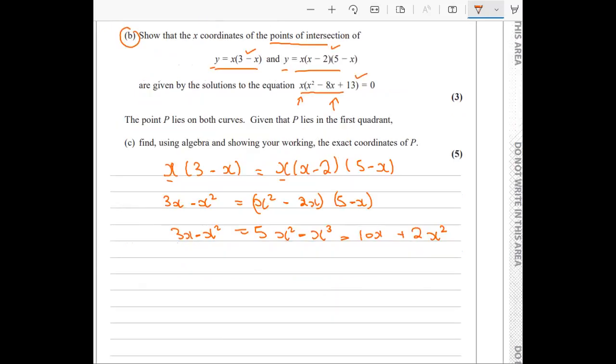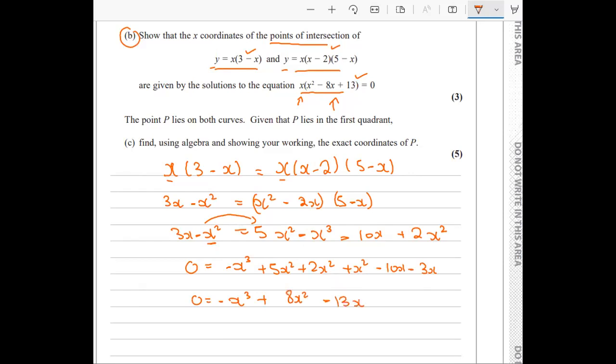Now we need to simplify things. So in order to simplify, I can take everything to the right side. 0 equals minus x cube plus 5x square plus 2x square plus x square, this x square, then minus 10x and minus 3x. 0 equals minus x cube plus 8x square minus 13x.